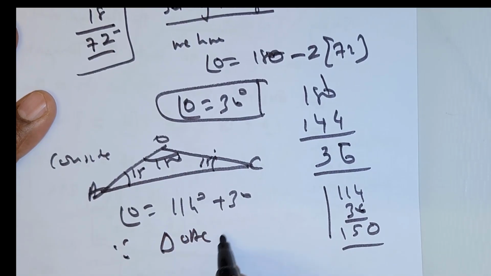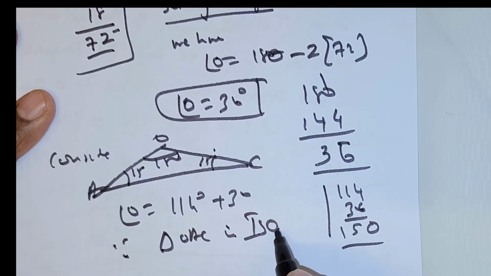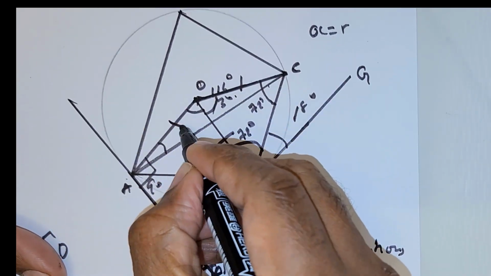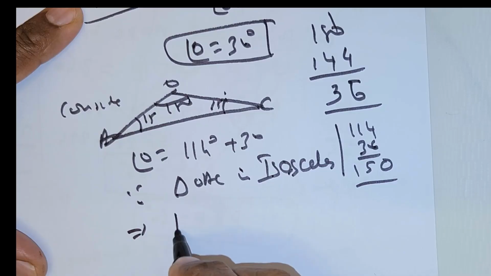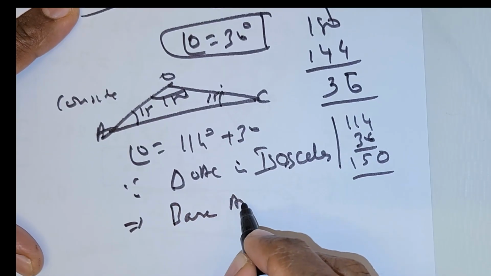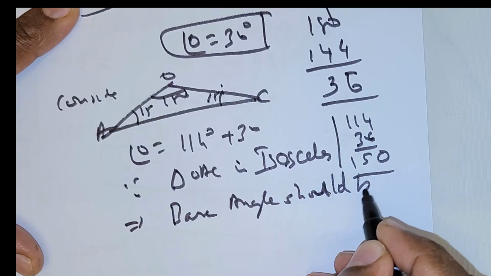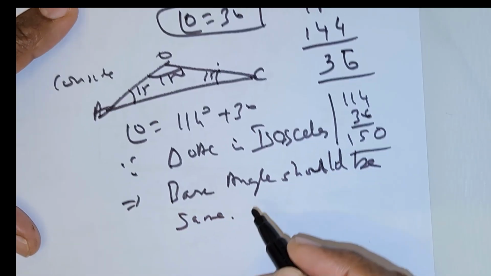Since triangle OAC is isosceles. Why do I say isosceles? You see here, this is a radius, this is also a radius. So this means the base angles should be the same.